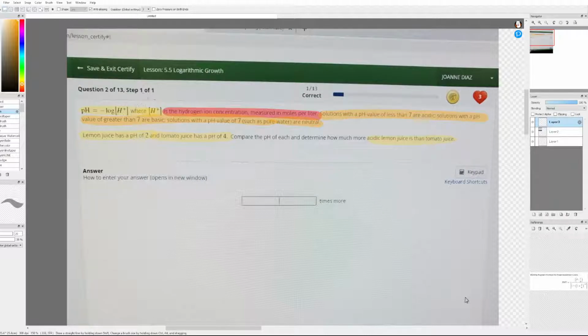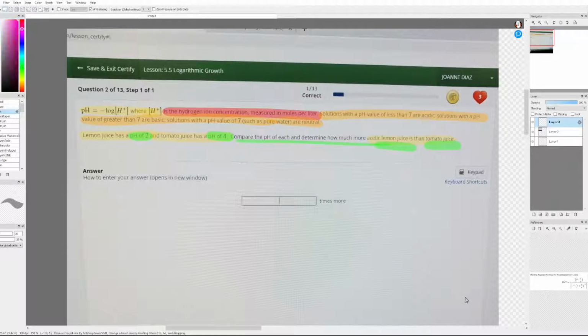It's not really going to play into a part when we're plugging stuff in. One thing that's really important is this pH of 2 and this pH of 4. And the last important thing is that we're comparing the pH of each other, and we want to know how much more acidic lemon juice is than tomato juice.